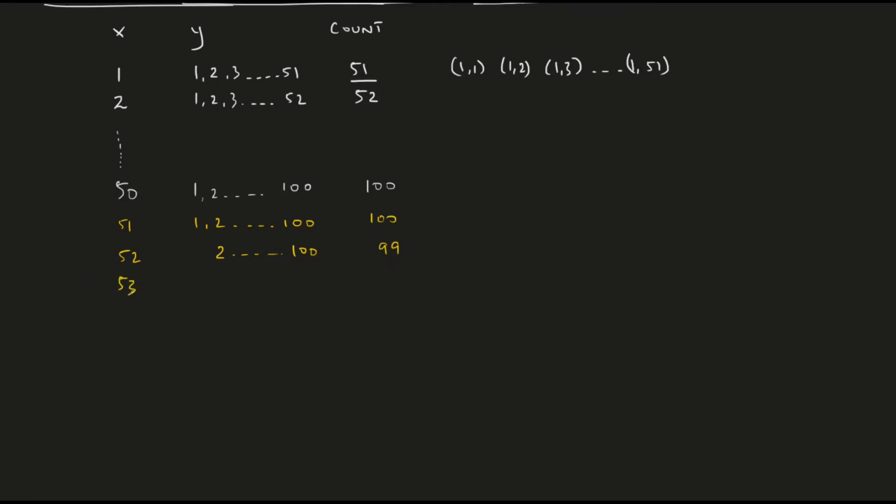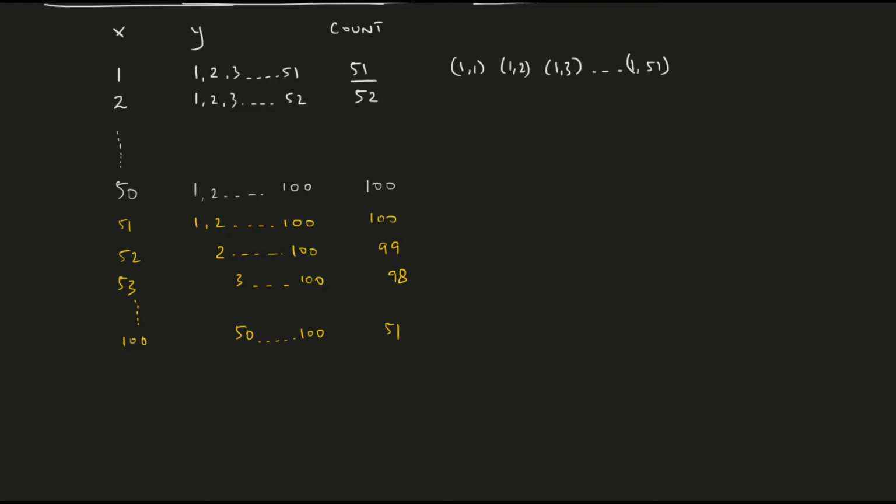When x is 53, we'll have to start from 3 up till 100, and I'll have 98 pairs, and so on till when x is 100. When x is 100, y is allowed to be 50 at minimum, and this is again 51 pairs. So all I need now is the sum of all these counts.